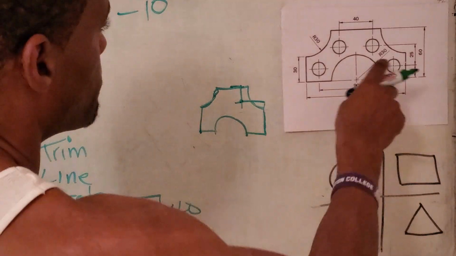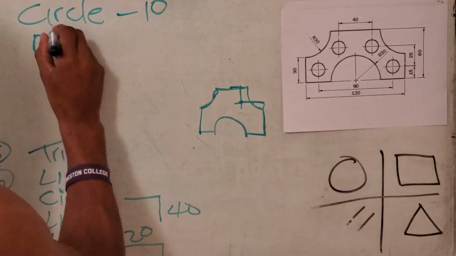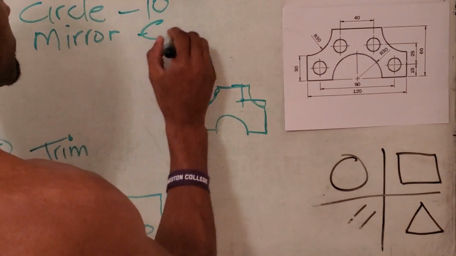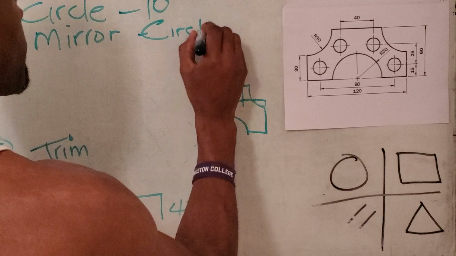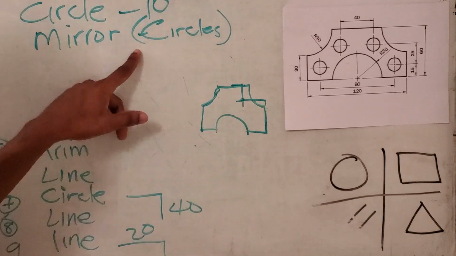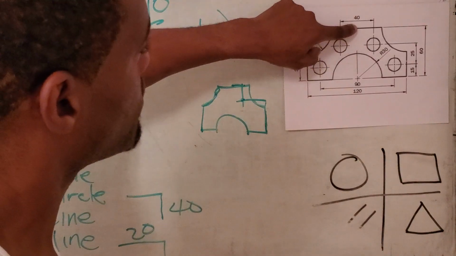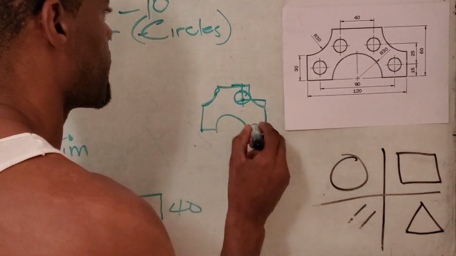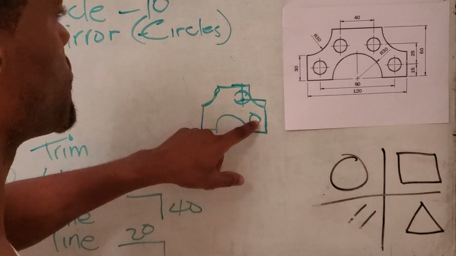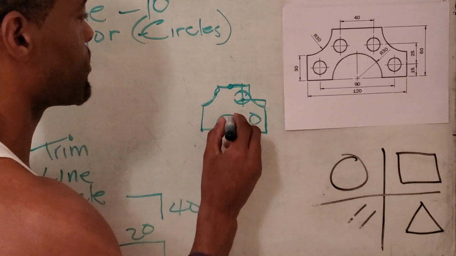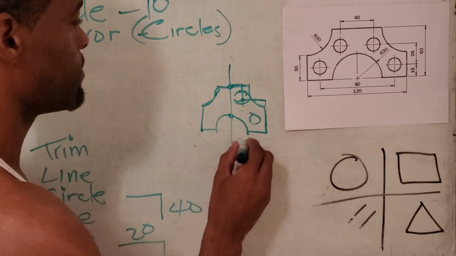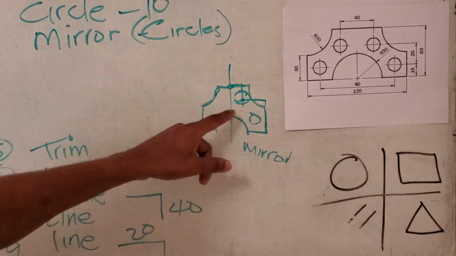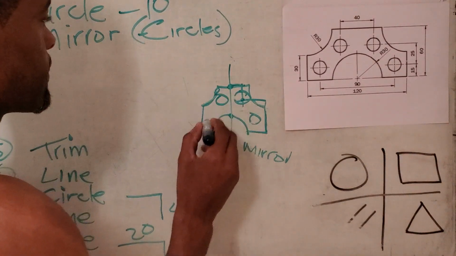So we mirror these two circles, using here as one mirror point, here as the second mirror point, to get them on this side.